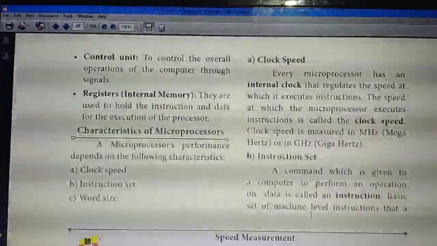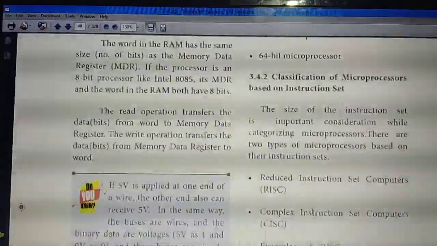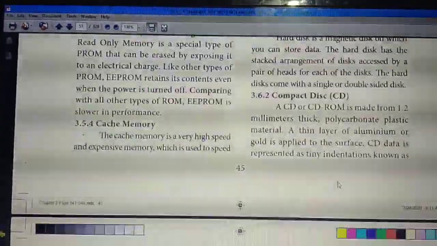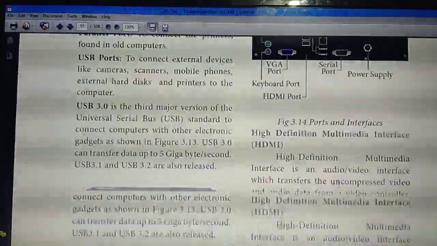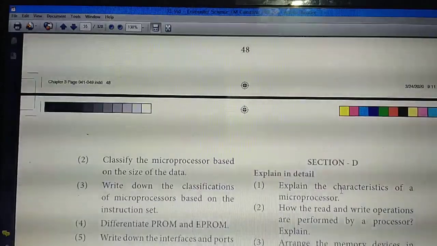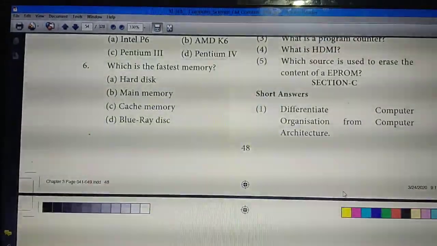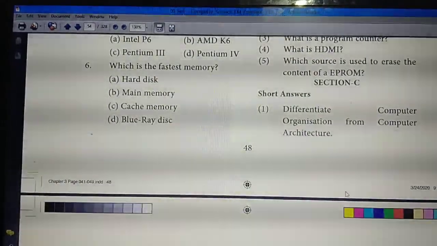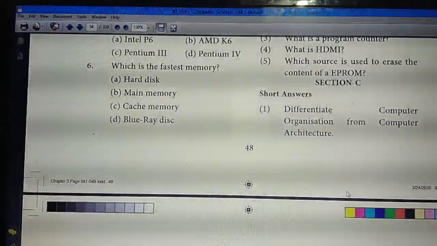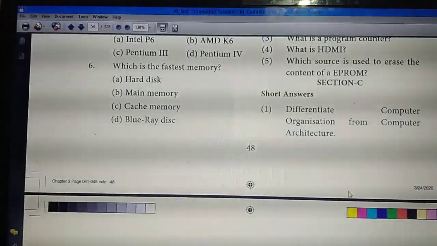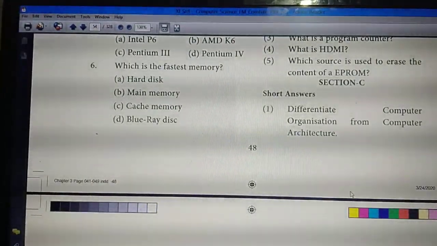So, all of you take chapter 3. All of you take page number 48.